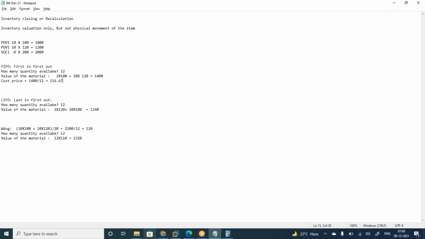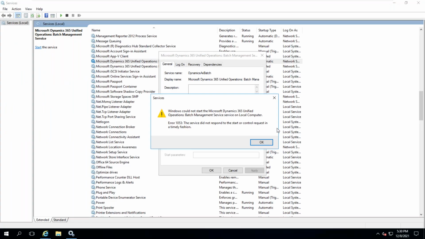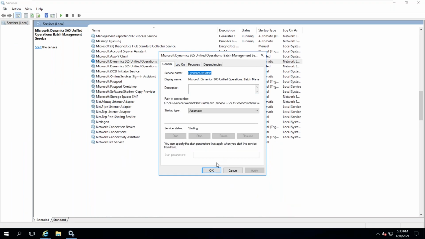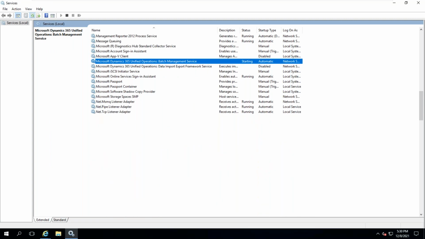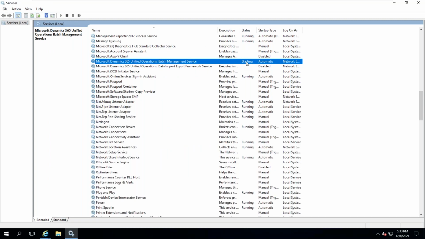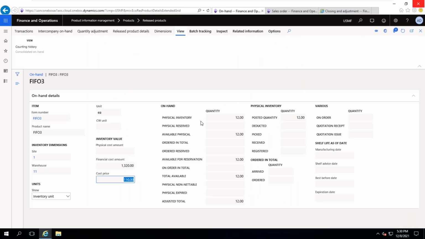Fine. Let me verify whether it is up or not. Okay, I think it was updated. Let me refresh. It is starting. It should be running. Okay, it is running now. So now the system will be very slow, but no issues.